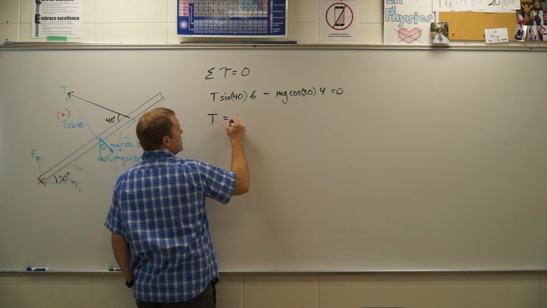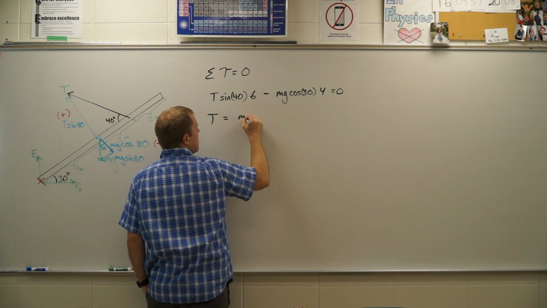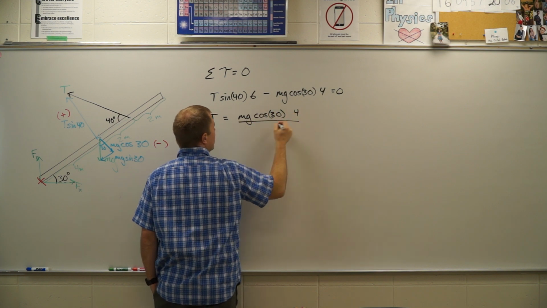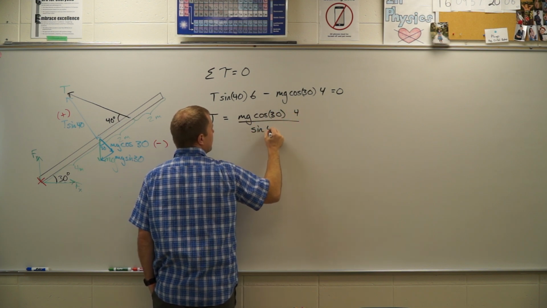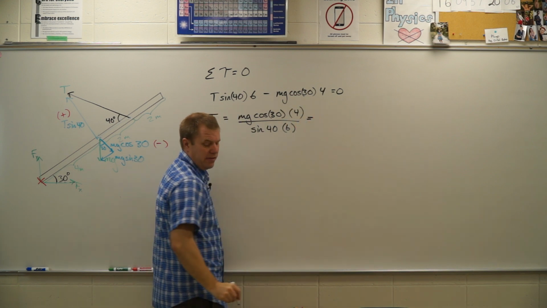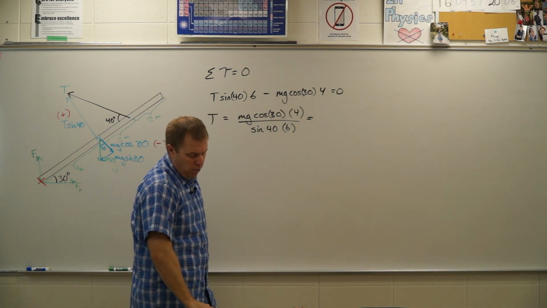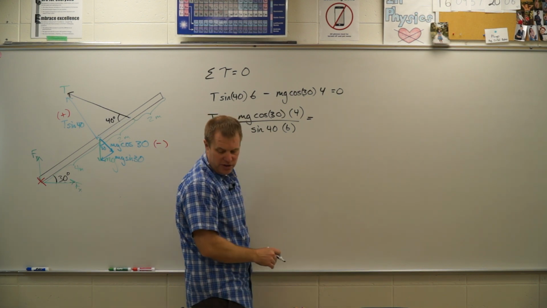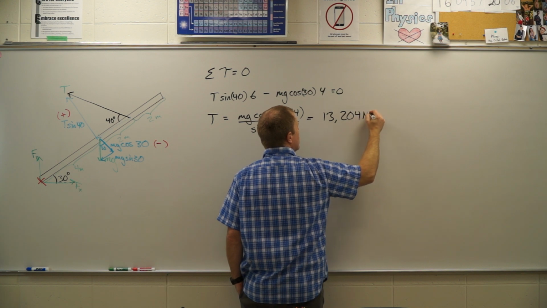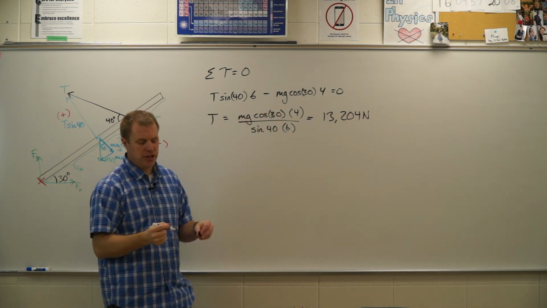So I get tension is equal to mg cosine of 30 times 4, all divided by sine of 40 times 6. Plug that into your calculator. You should get 13,204 newtons for that tension.